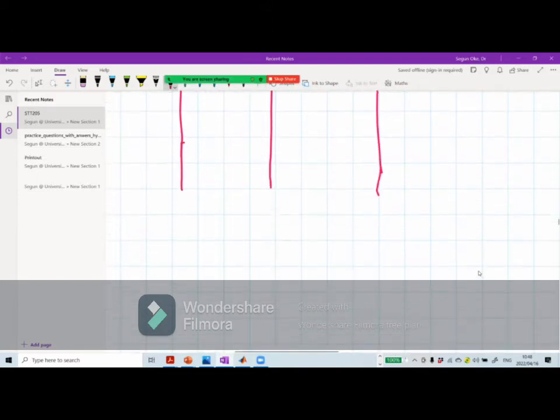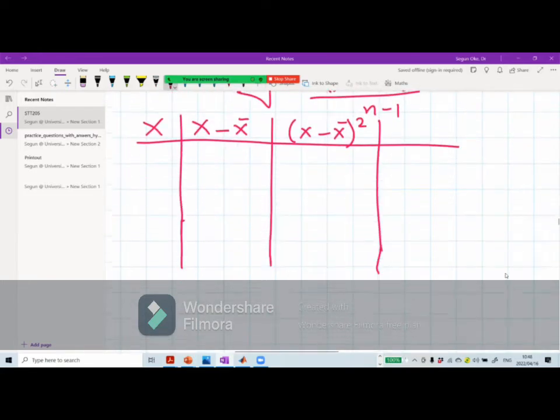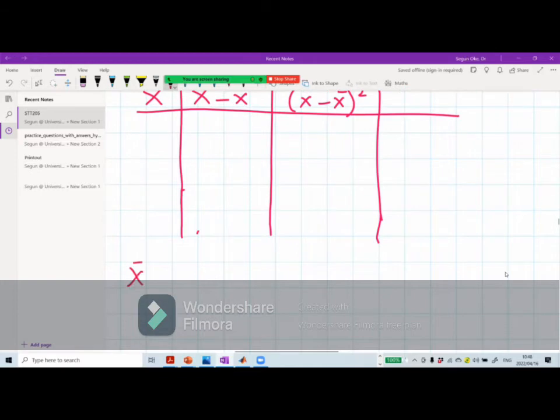And before then, what is my x bar? The x bar, I define it. Go and check your notes. That is the sample mean. The mean of the data set is summation of x divided by n. How many x do we have?